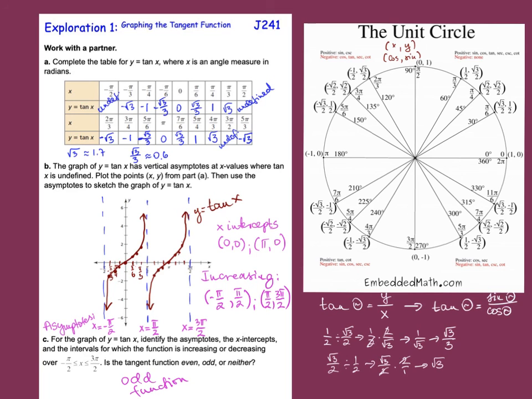So from negative pi over 2 to pi over 2, it repeats itself. So it's a negative half pi and a half pi. And if I add that distance together, I could see that the period of this graph is actually going to be pi rather than being 2 pi, like it was on the sine and the cosine graphs.